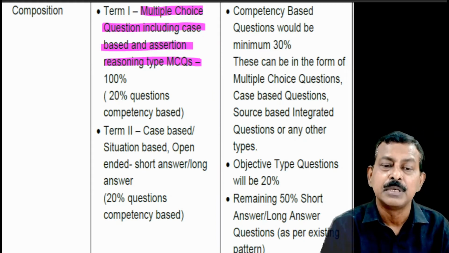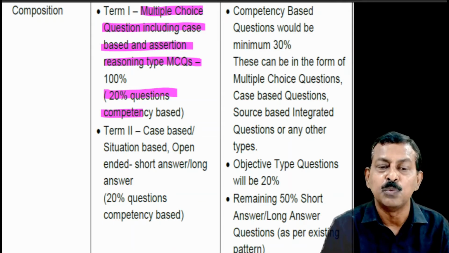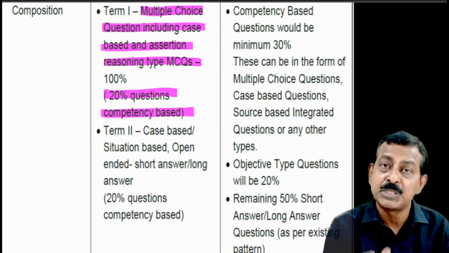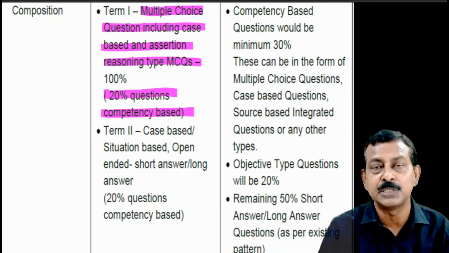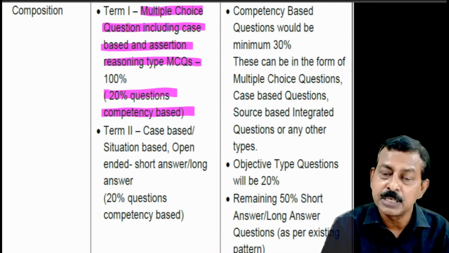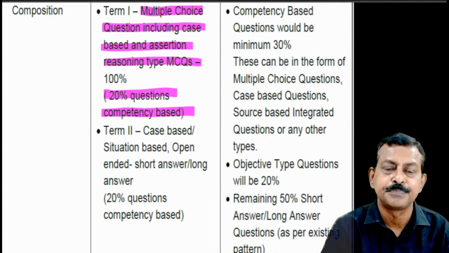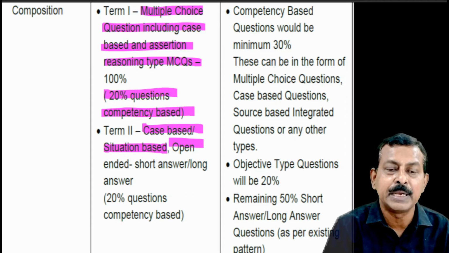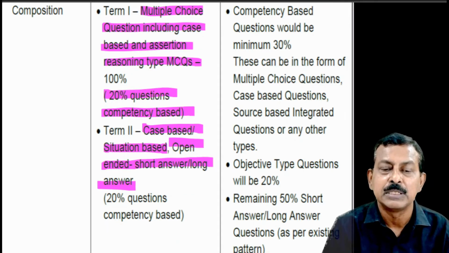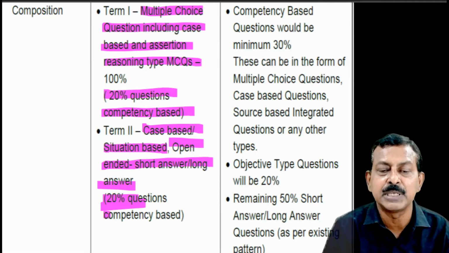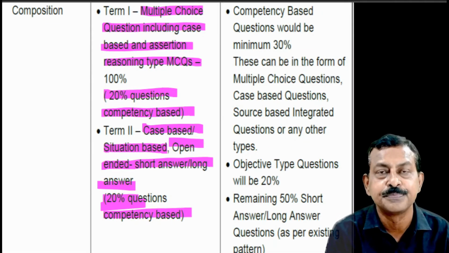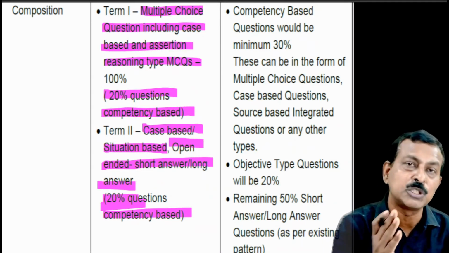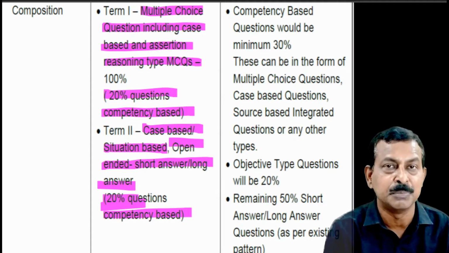In that, 20% questions were competency based for this particular batch appearing in the board examination, that is 2021-22. And in the term 2 examination, we had case-based or situation-based or open-ended short answer questions, and there also it was 20% competency-based questions. So whether it was term 1 or term 2, for both it was 20% questions which were competency based.